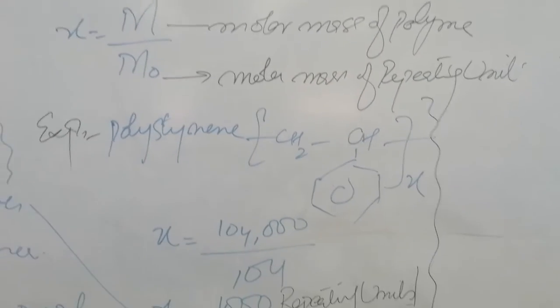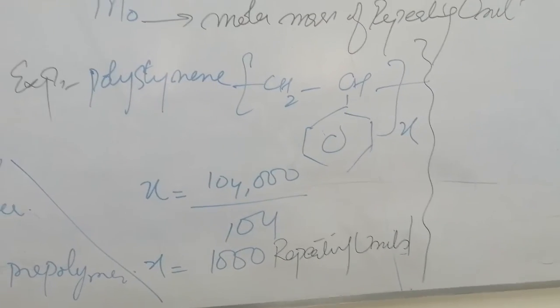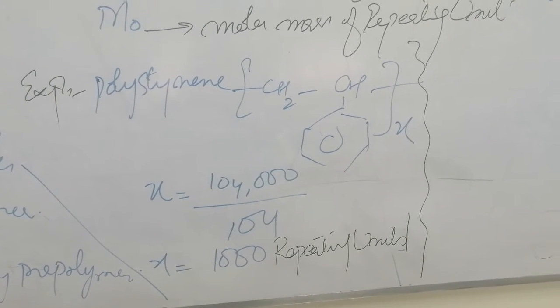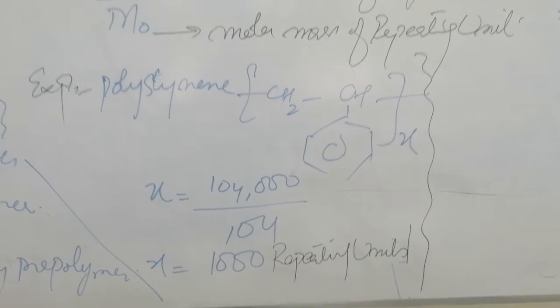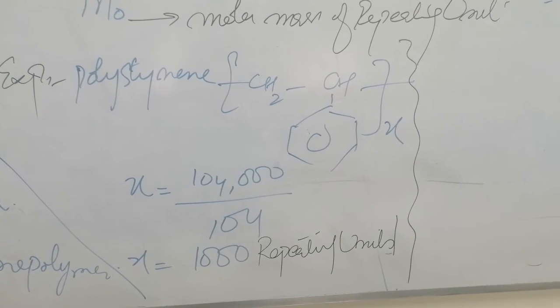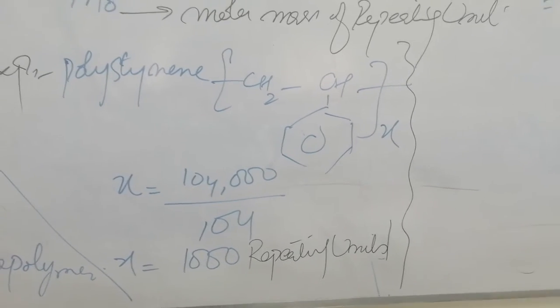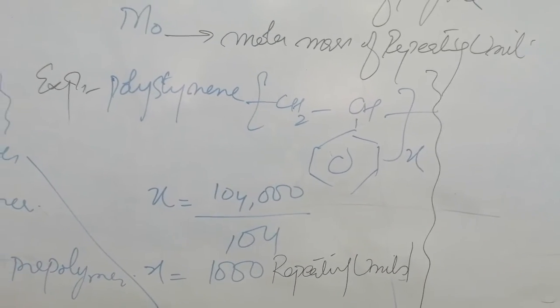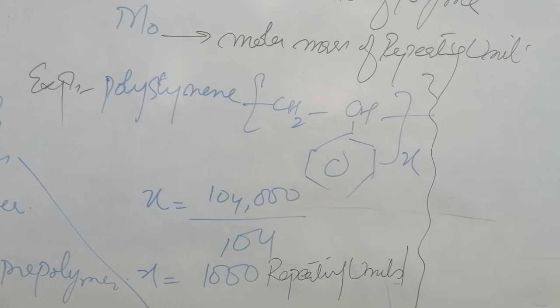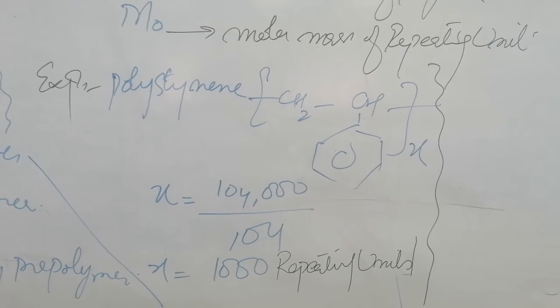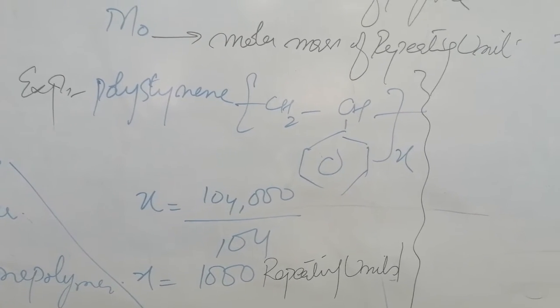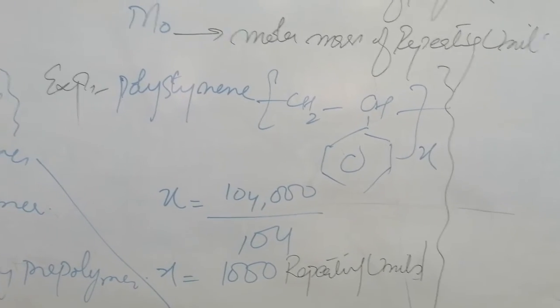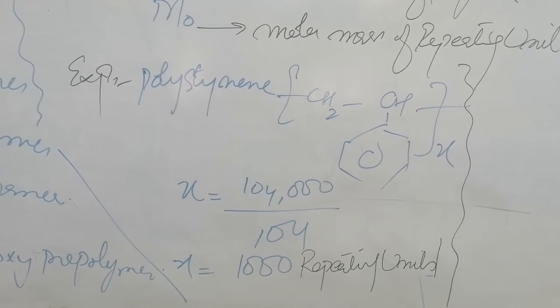The molar mass of the repeating unit of polystyrene is 104, so M0 is 104, while the molar mass of the whole polymer, M, is 104,000. If you put in both values, you get the degree of polymerization X, which is 1000. According to this calculation, 1000 repeating units or monomers polymerized together and synthesized a whole polymer of 104,000 molar mass.